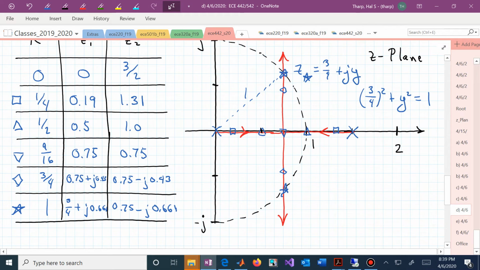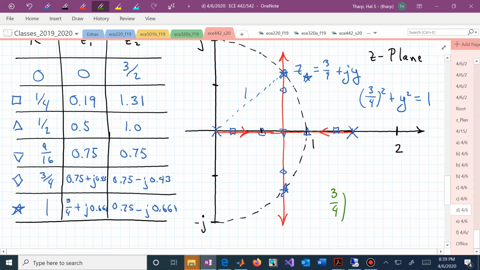We know that at the star, in this particular case, we can find the value of that point that intersects the unit circle and has a real value of 3/4. We know that that's a right triangle.